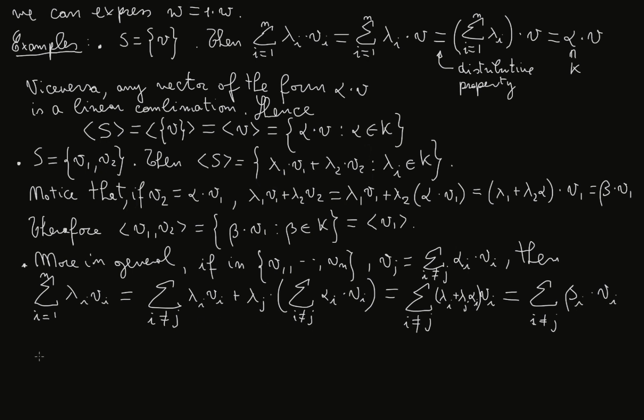So this implies, once again, exactly what happened before. So the vector space generated by v1 through vn, all of them, is exactly the same as the vector space generated by just v1, and then the vj is dropped, and then we keep all the other ones until vn. Okay?